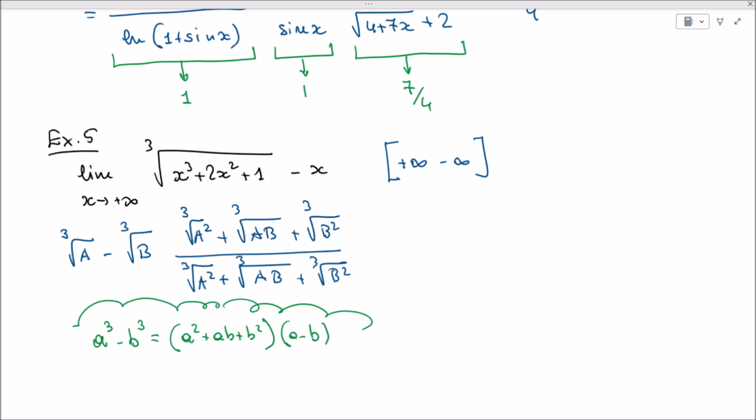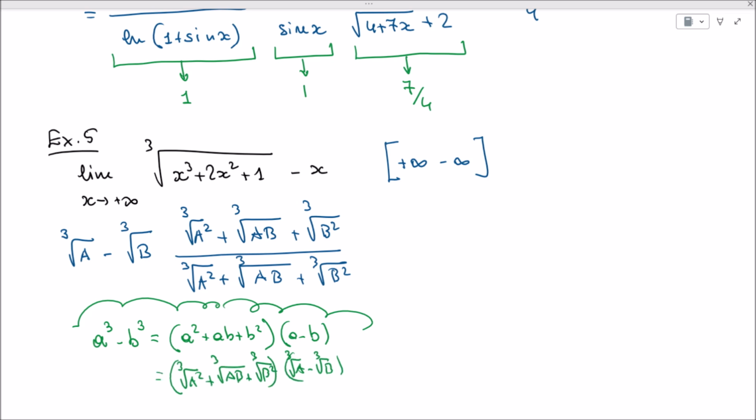So in our situation, a and b are the cube root of a minus the cube root of b. Okay, now if you take a squared, what you get is the cube root of a squared, and if you do the multiplication, you get the cube root of ab plus the cube root of b squared.